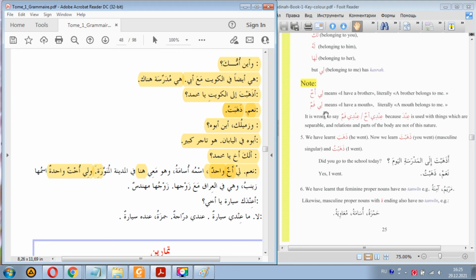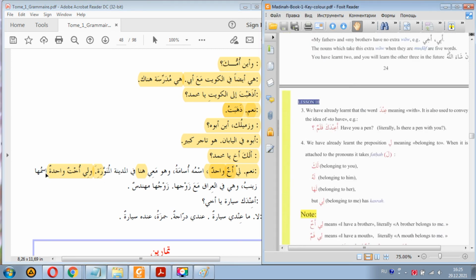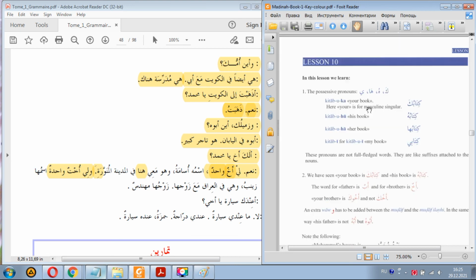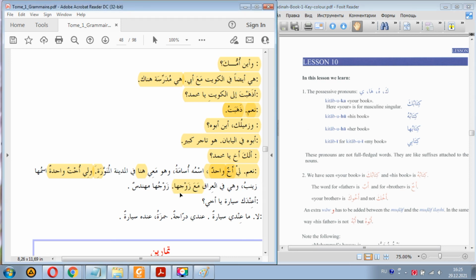We learned this in the previous lesson in the 9th lesson, section alif. Ismuha Zainabu, her name is Zainab. وهي في العراق مع زوجها, and she is in Iraq with her husband. زوج, husband.